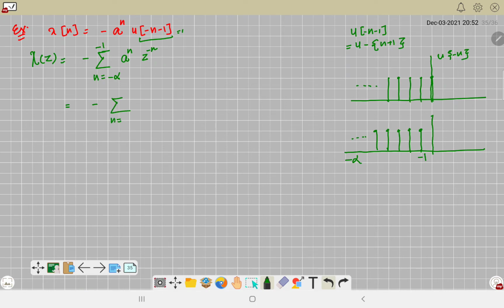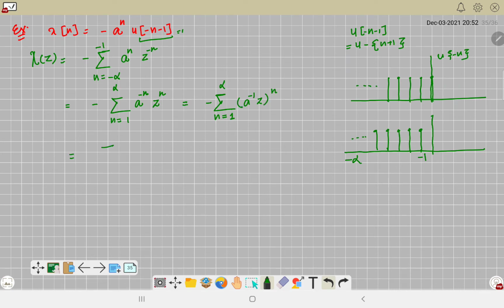We will change the limits from 1 to infinity, which means n will become minus n, and z raised to the power minus n will become z to the n. Then we can express it as minus the summation n equal to 1 to infinity of a to the minus 1 z, to the n.